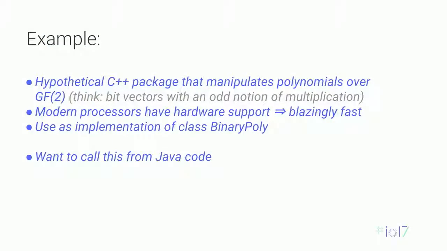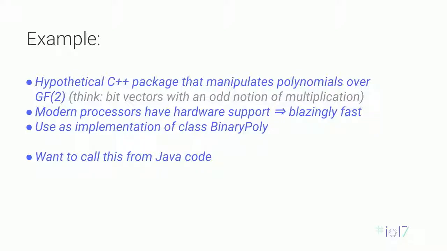Here we're going to use a running example of a hypothetical C++ package that we want to access from Java language code that manipulates polynomials over GF2. Does anybody know what that means? Good, you're not supposed to, it doesn't matter. As far as we're concerned, these are basically bit vectors with an odd notion of multiplication, but I don't even care about that.